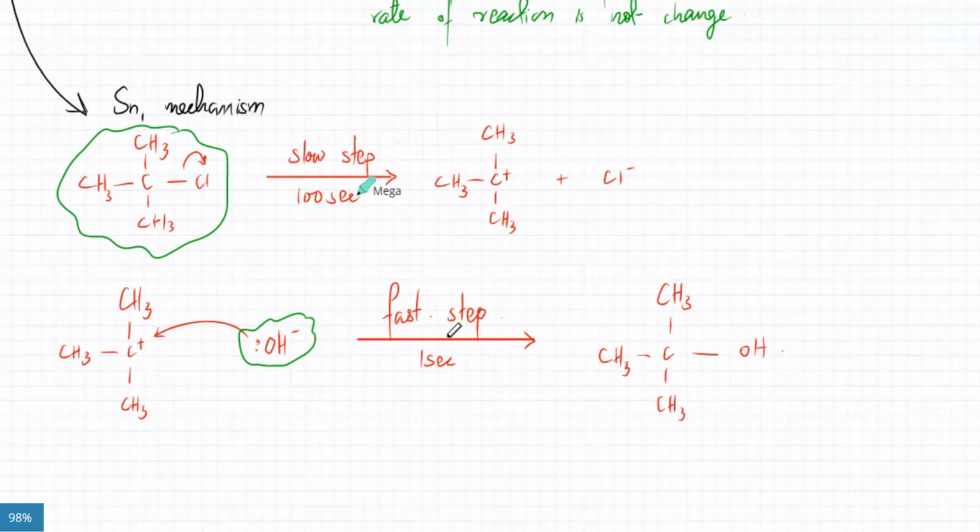Now, if I increase the OH ion concentration, which step would speed up? The fast step or the slow step? The slow step? Okay, but why would this step speed up? This step has nothing to do with OH ions.